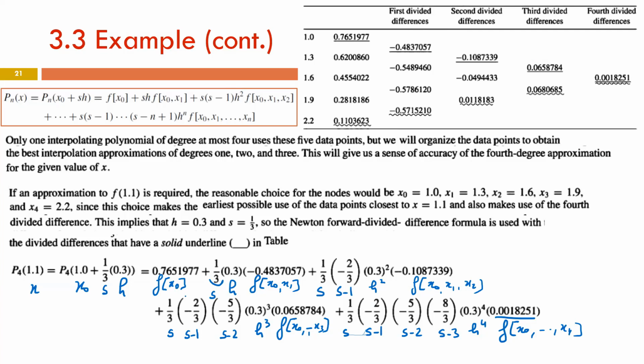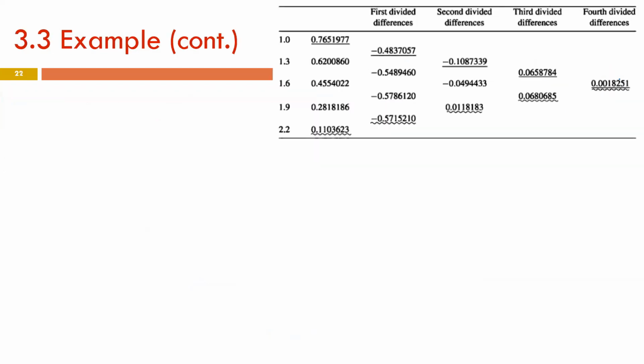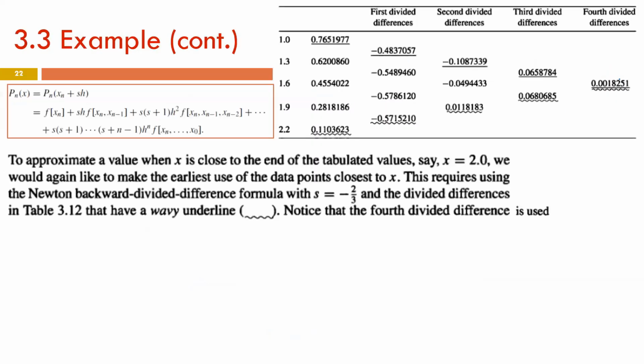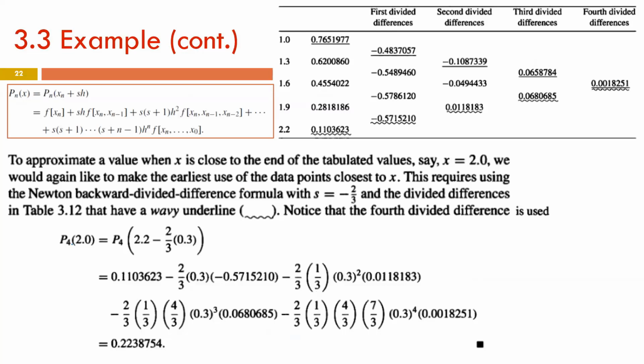For the backward, we do not use these values, we'll use these values in the back. Okay, so for the backward, to approximate, for example, P4 of 2.0, close to x4, we'll use this formula backward.